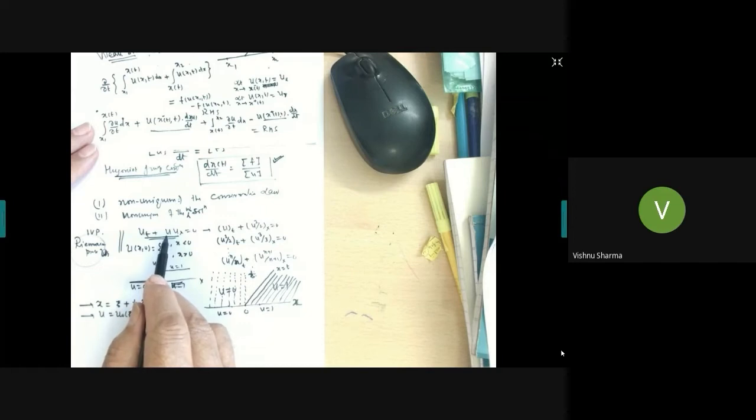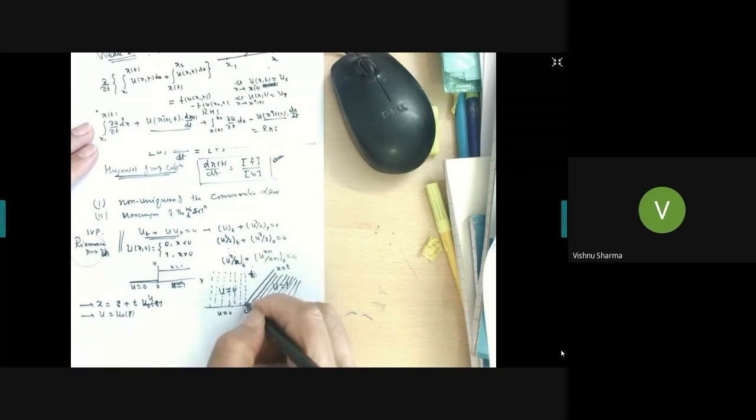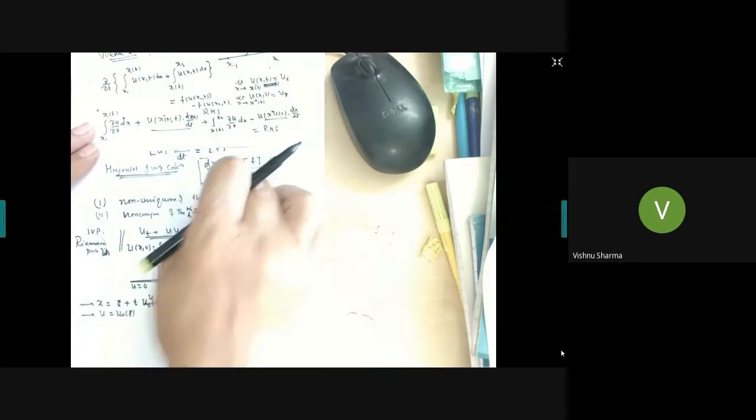These are the characteristics, and u remains constant. So these are straight lines emanating from here. But this condition must be satisfied.